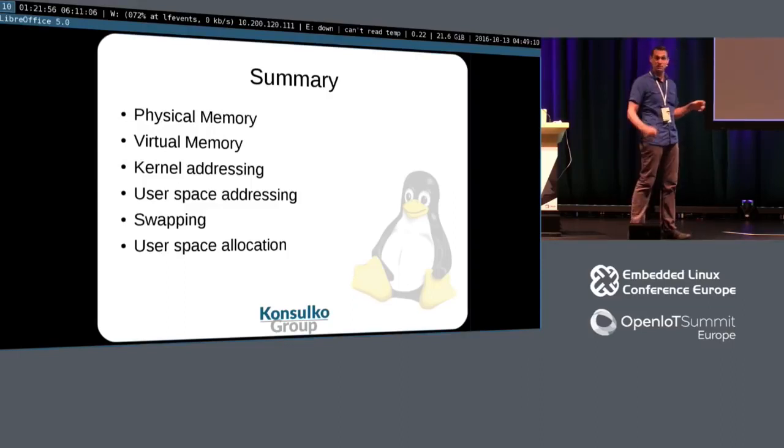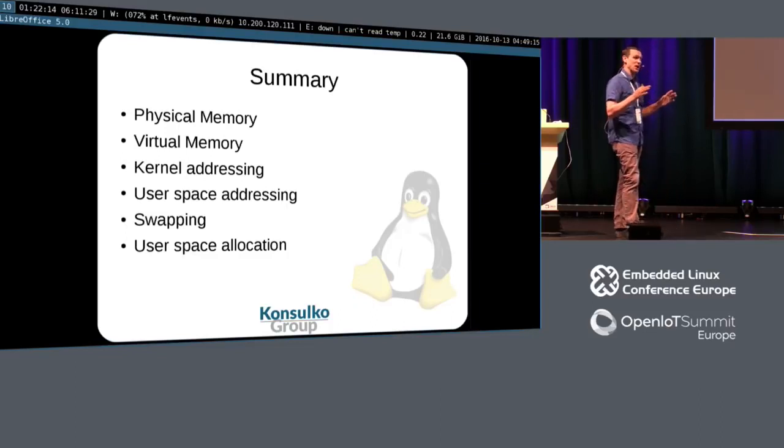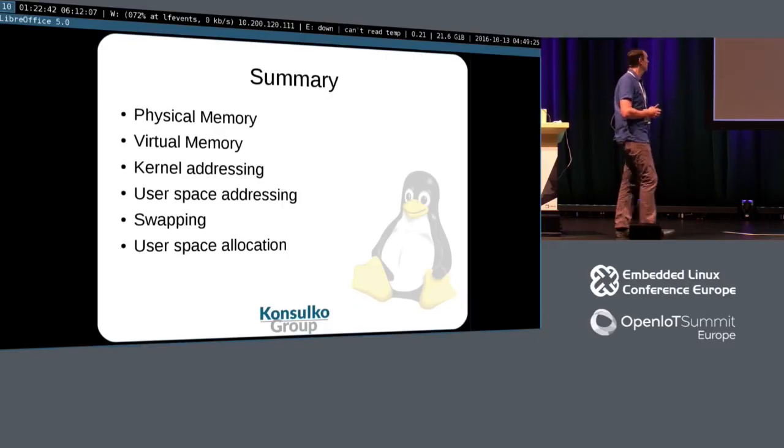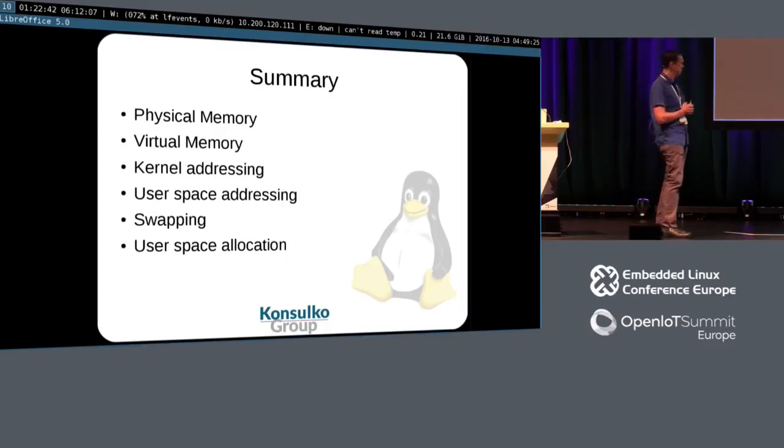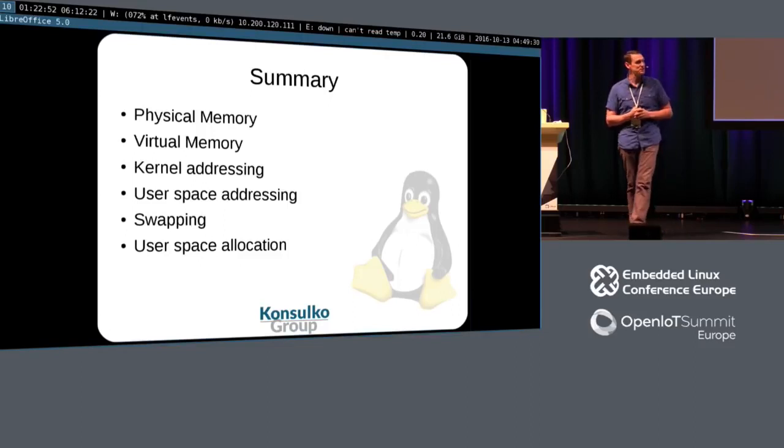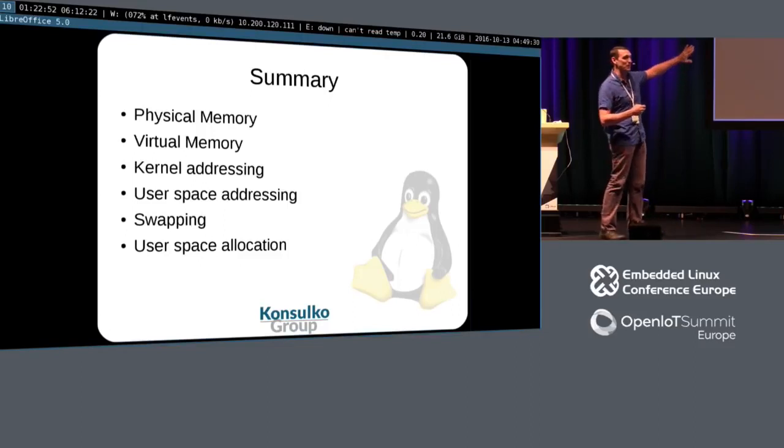We went through user space addressing, how processes will not have contiguous physical memory, and how swapping and page faults work to do lazy allocation and so forth. We also covered swapping, and how those user space APIs map onto all of that. So that's it for the intro.